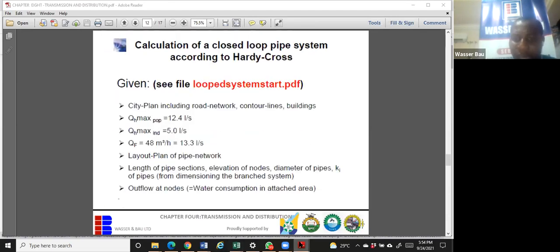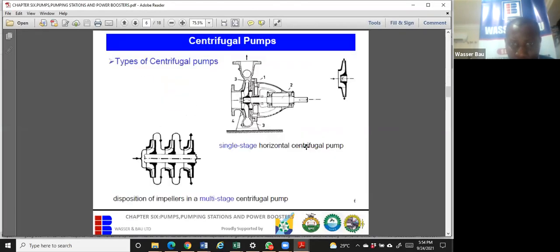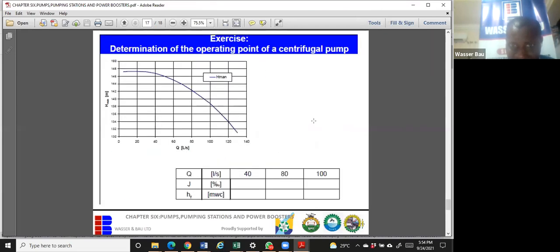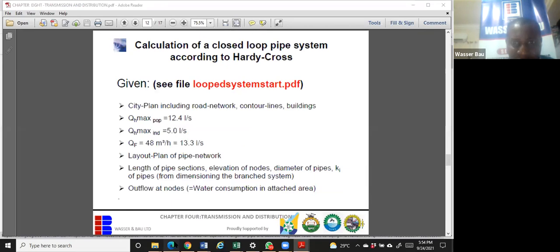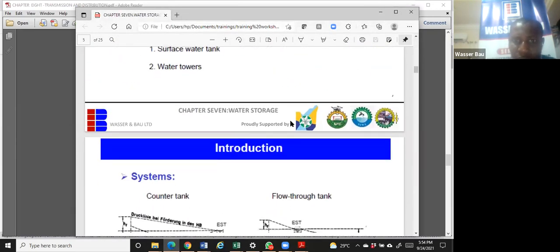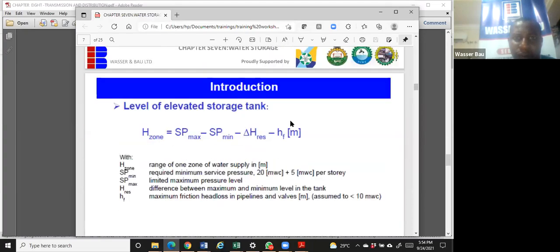I'm trying to look for where that material is. I think in one of our materials, there's a table where it shows the economic design, economic parameters. If you don't want to stress yourself going through all this rigor, there are some parameters you can use. It's not here. Chapter 7, let me see. Just hold on. Stay with me, please.